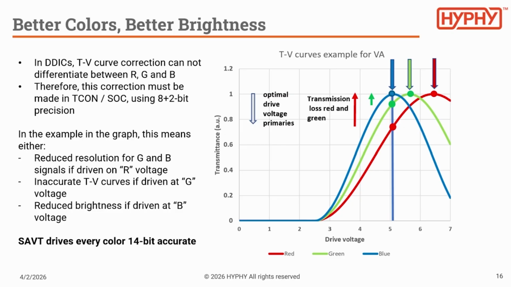So you can choose actually to take for granted that they're not accurate, or you can do a digital interpolation of the correct TV curves. So it's always suboptimal. And in the case of SAVT, you don't have that problem because every color is corrected by 14 bits.